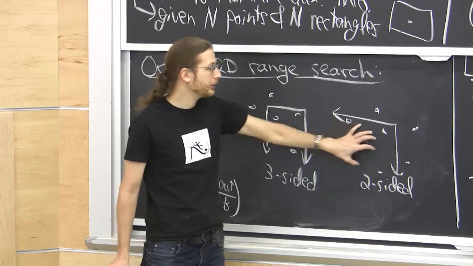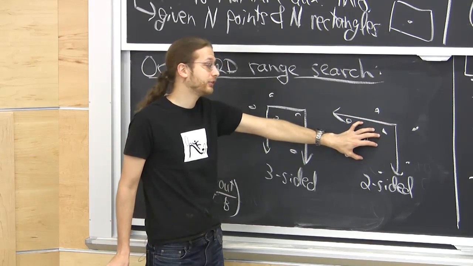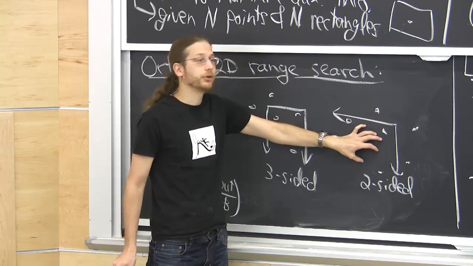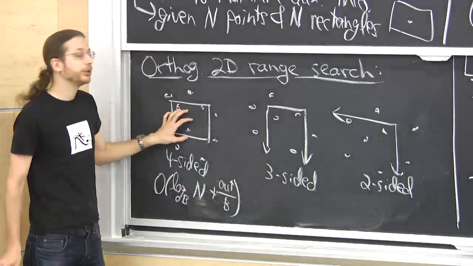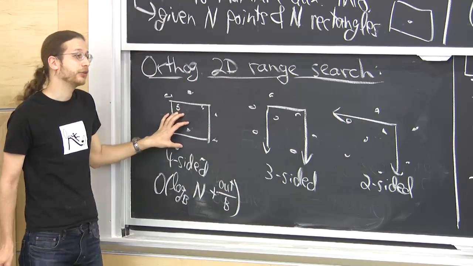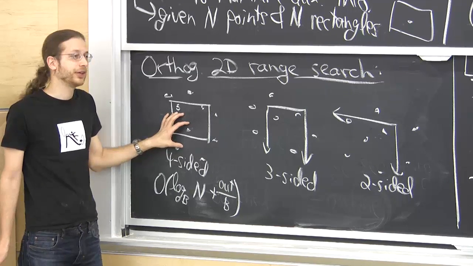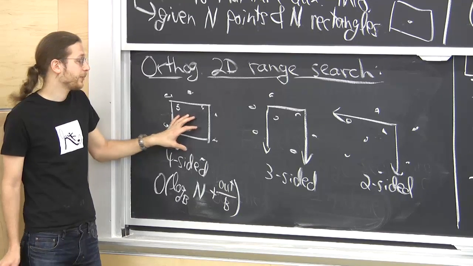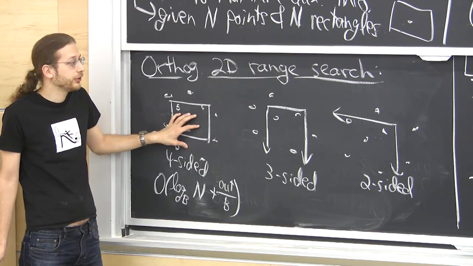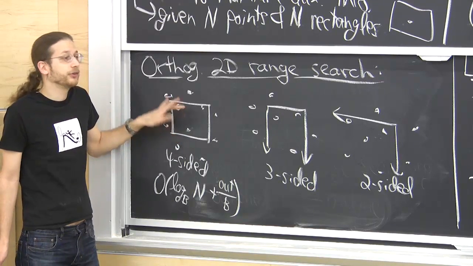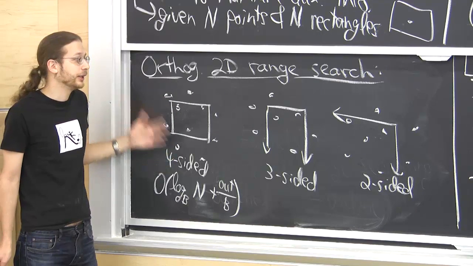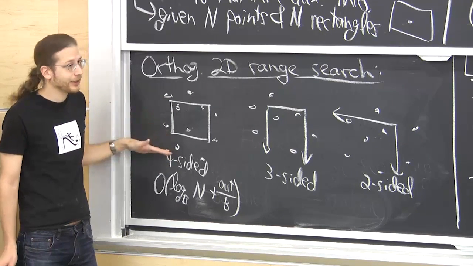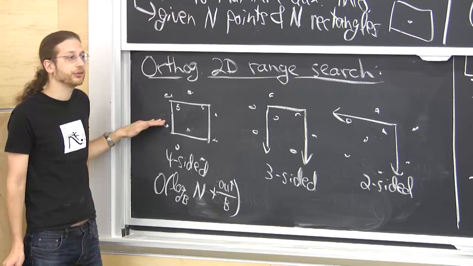So in this we could achieve linear space, logarithmic time. This one we needed n log n space. Actually, the best known is n log n divided by log log n. But we could do n log n using range trees, with log n query time, n log n space, using layered range trees.